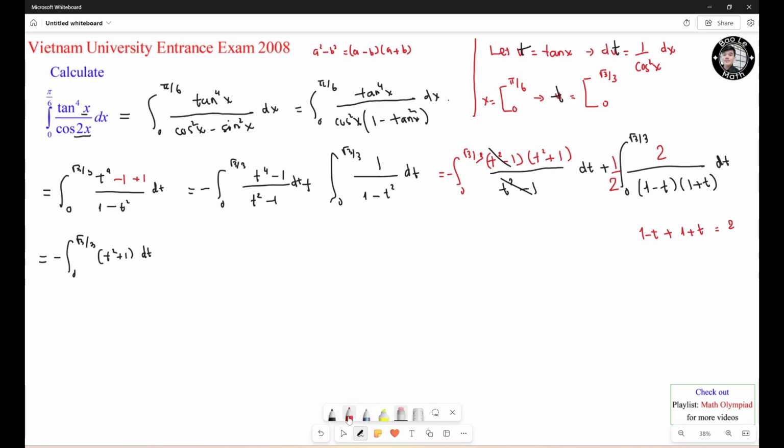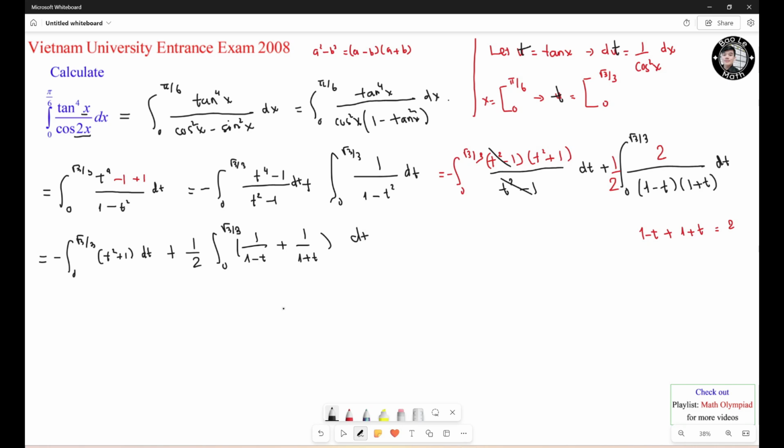So I have what? Plus 1/2 integral from 0 to root 3 over 3. Alright. This guy right here turns out to be 1 over 1 minus t plus 1 over 1 plus t dt. Right?